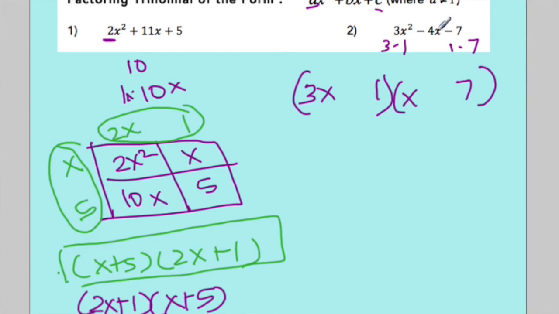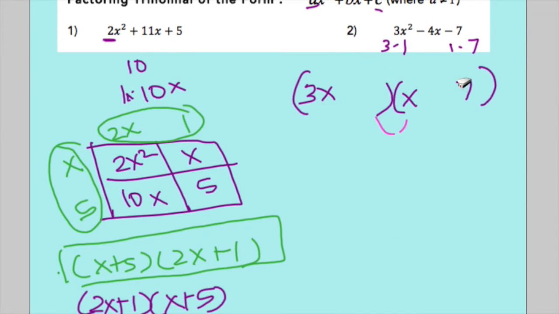Now I get to figure out, does this work to give me my outer and my inner? So I check. If I multiply my outer two, I get 21x, and my inner two, I get x. Using those two and adding them together, can I get to negative 4 at all? No, that's not possible. So what I need to try then is another way.